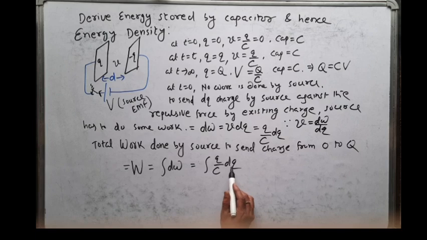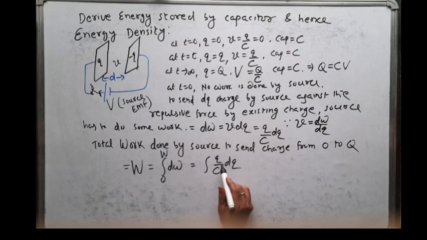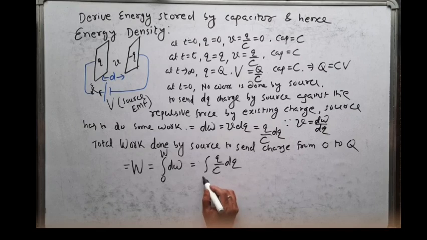When the charge is initially 0, work done is 0. When the charge is maximum, work done is maximum. So we will integrate, where the charge is variable, initially 0 and finally maximum.